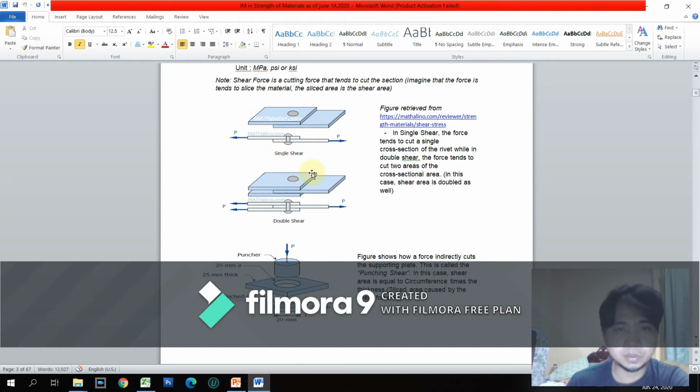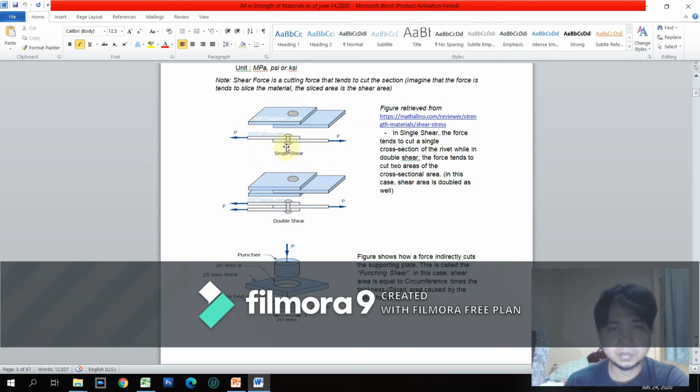Most of the time shearing occurs in bolts and plates as well as in beams. Why is that? Because in beams, forces are almost perpendicular to the member. As an example, let us have a single shear. Why single shear?